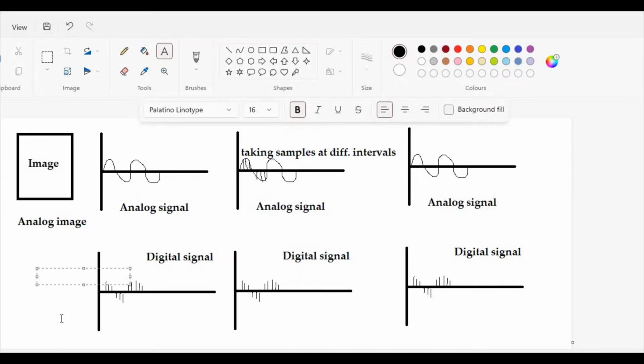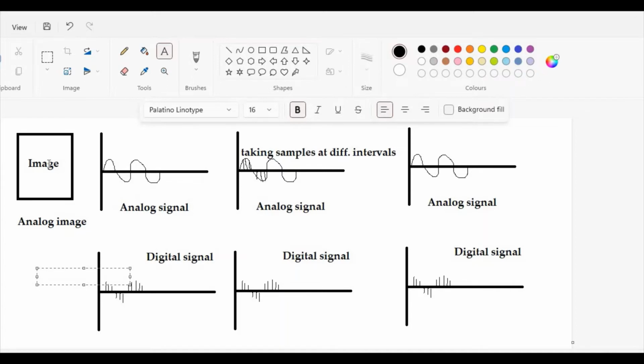And so when you click a picture of that person, an image is generated. So suppose this is an image, right? And let's say this is actually an analog image, because we can have an analog image, we can have a digital image, right? So suppose this is an analog image. Again, I'll give you an example.